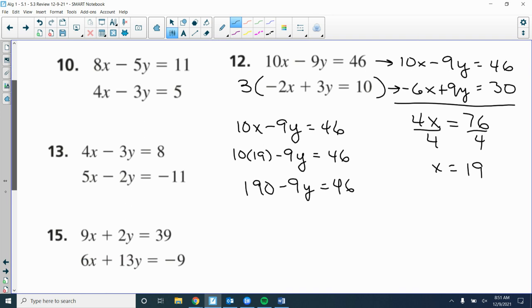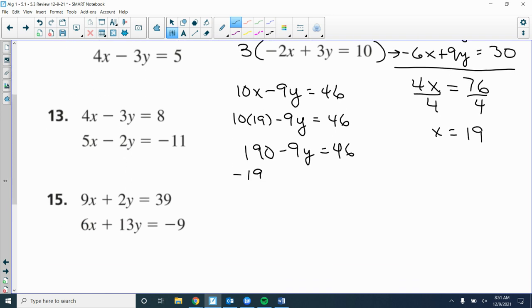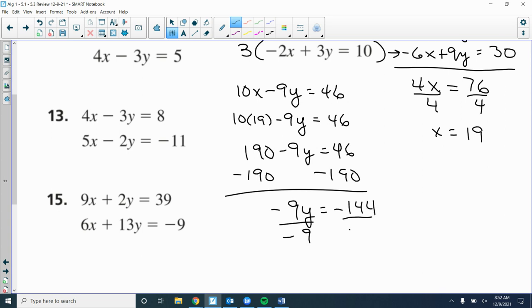Subtract 190. Let's see, negative 9y equals, what's that going to be, 144? Divide by negative 9. Y equals positive 16. So 19, 16. Okay. All right.